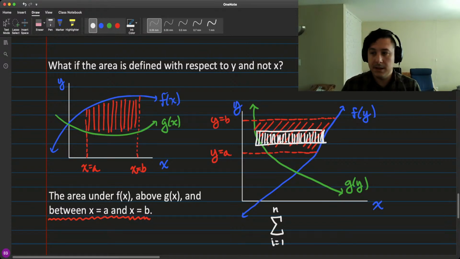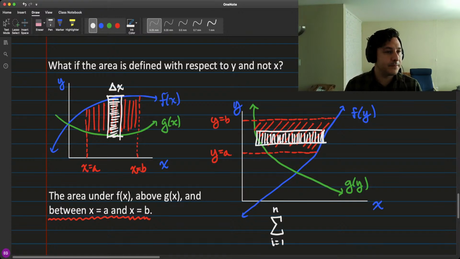Remember how before a rectangle would look like this? How wide was this rectangle on the left? It would be delta x, right? And then the height of this rectangle was f of x minus g of x.